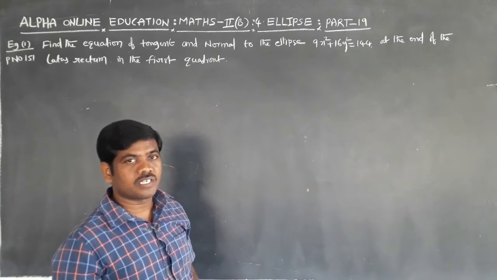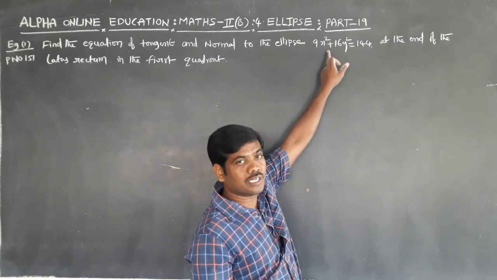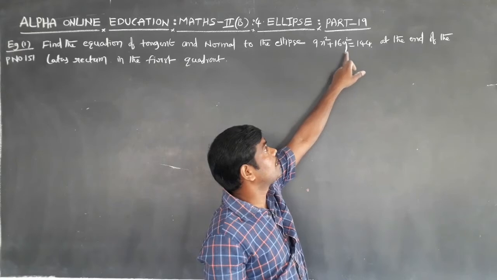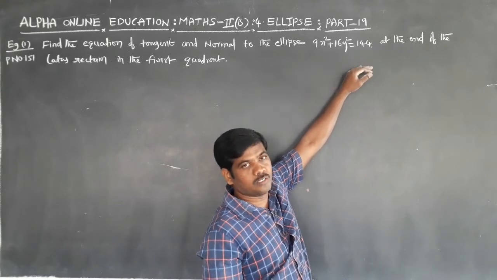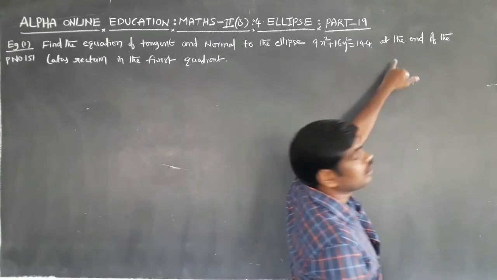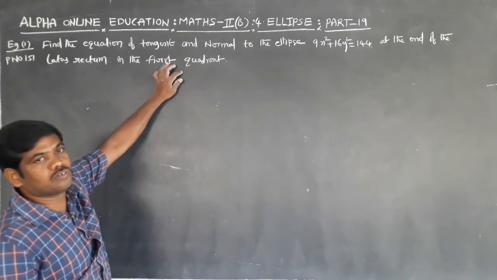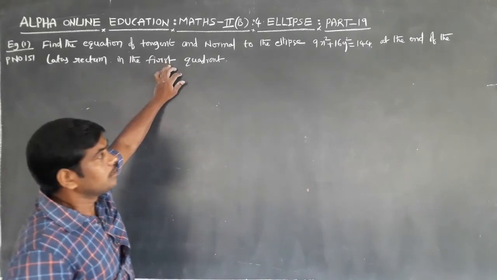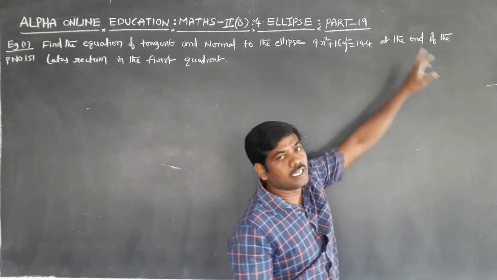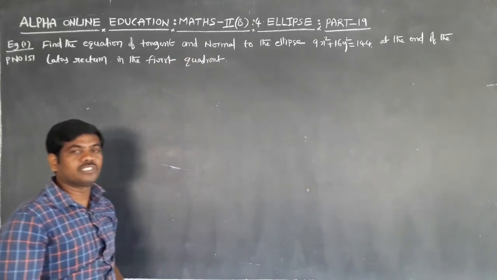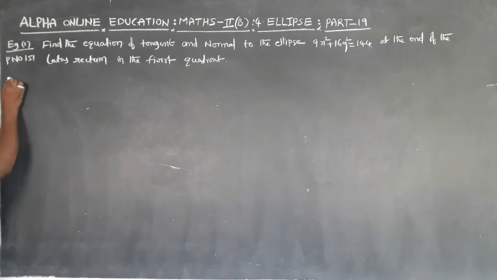Find the equation of the tangent and normal to the ellipse 9x square plus 16y square equal to 144 at the end of the latus rectum in the first quadrant.